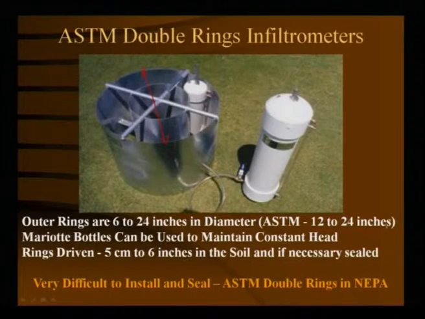A Marriott bottle can be used to maintain constant head. The rings are driven 5 centimeter to 6 inch into the soil and, if necessary, sealed. Basically, the ring should be inserted inside the soil and water should be added to the ring, so it is allowed to flow through.